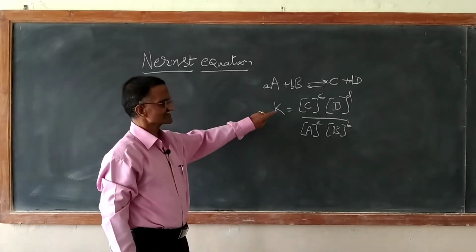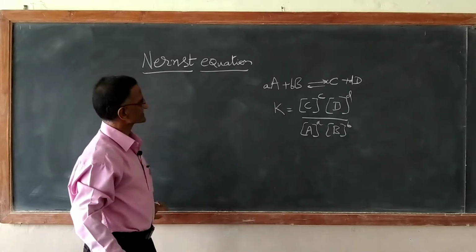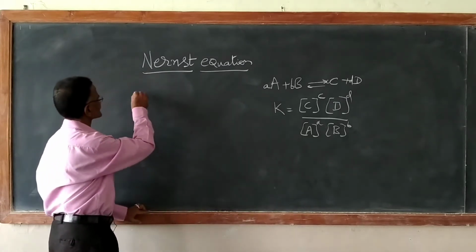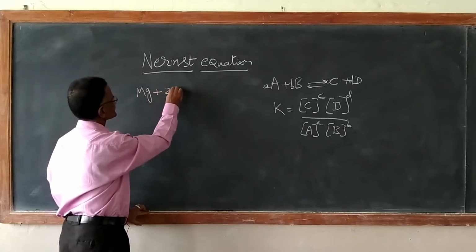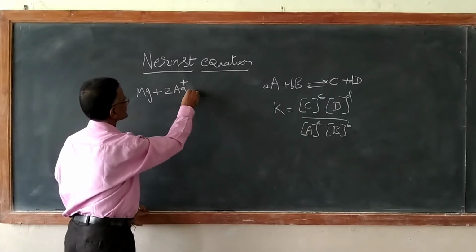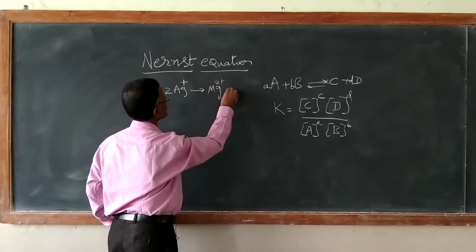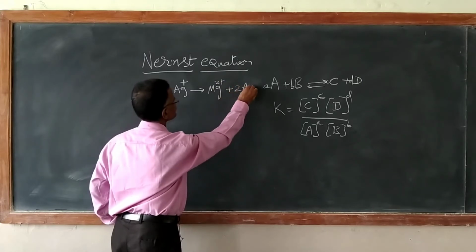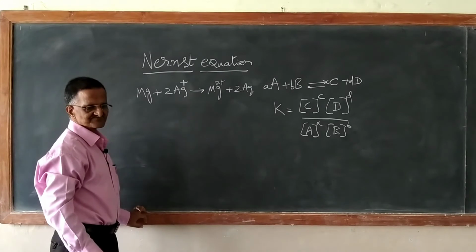If you remember that understanding, now when you go for this expression, on page number 71, this is the problem that is given. Mg plus 2Ag+ gives Mg2+ plus 2Ag. This is the cell reaction that is taking place.